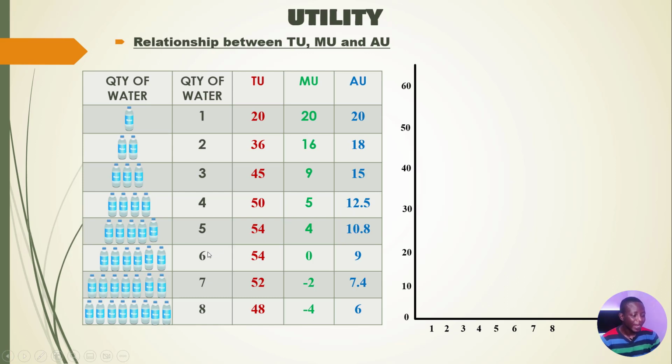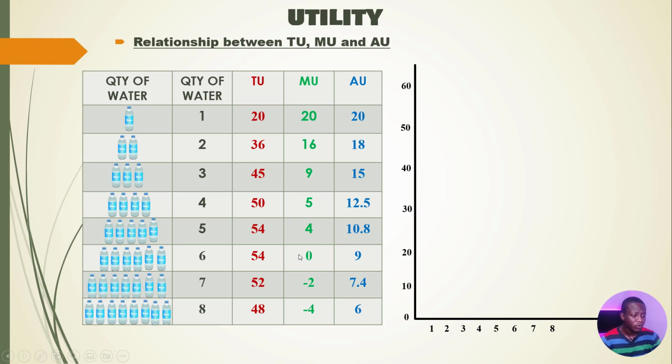And by the 6th unit, by the time you are giving the 6th bottle of water, you feel like you are totally satisfied. So you wouldn't be taking the 6th bottle of water. What happens then is that the total utility becomes that of the last unit that you consumed. That's the 5th unit, because you wouldn't be consuming the 6th bottle.